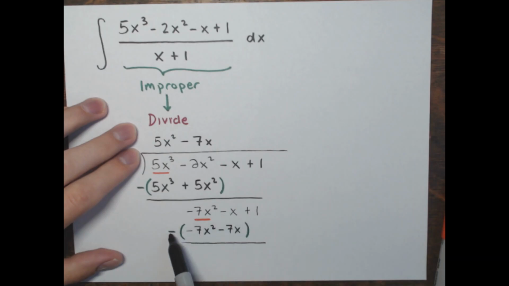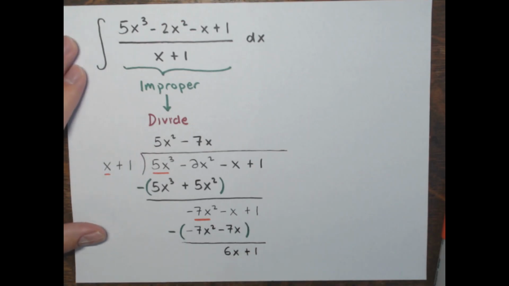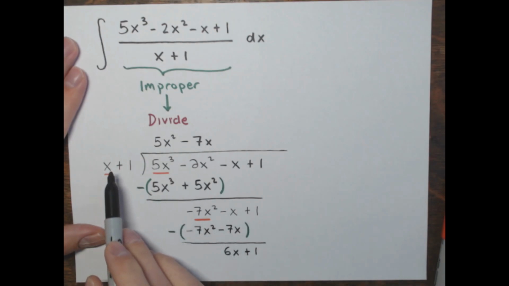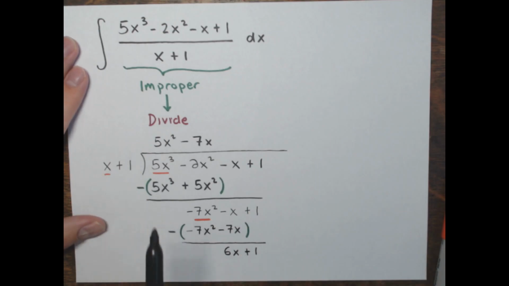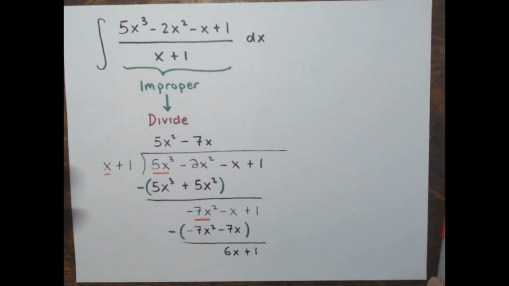Negative x minus negative 7x would be plus 7x, so negative x plus 7x, positive 6x. And then 1 minus, and there's no constants here, so still 1. Now after subtraction, the degree of my polynomial is 1, but that's still the degree of the divisor or higher. So I can go one more time here.